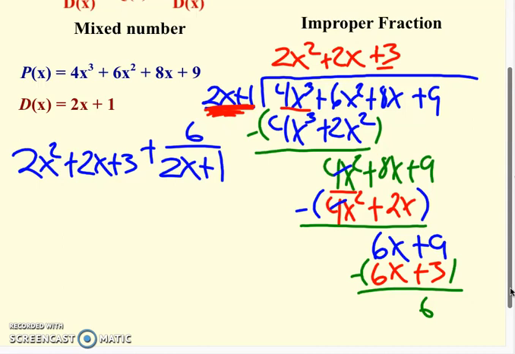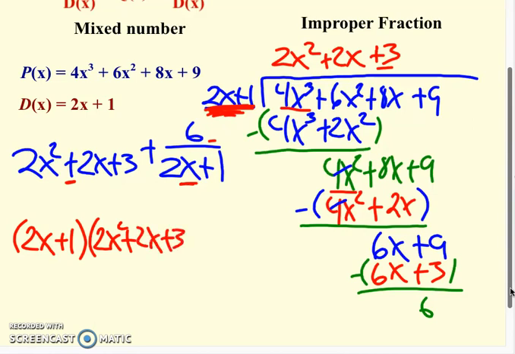You take your divisor, multiply it by your quotient, and add your remainder. So it'd be, for us, just another way of writing it. So this is mixed number. This is improper fraction.